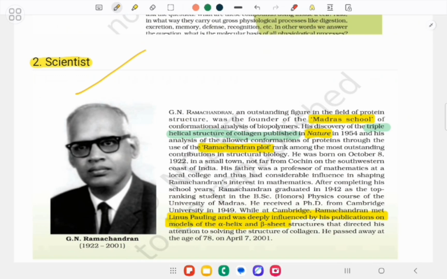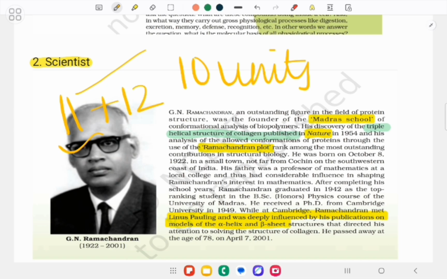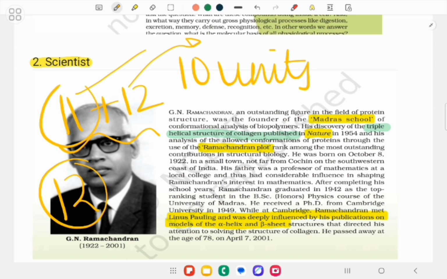Next, we have scientists, the same thing as the unit introduction. Questions might be asked for the board exams, but for competitive exams, yes, maybe on any of the scientists. There are totally 10 units. If I consider class 11th and 12th, 5 scientists are from 11th and 5 from 12th, but as per my view there are totally 12 scientist introductions.